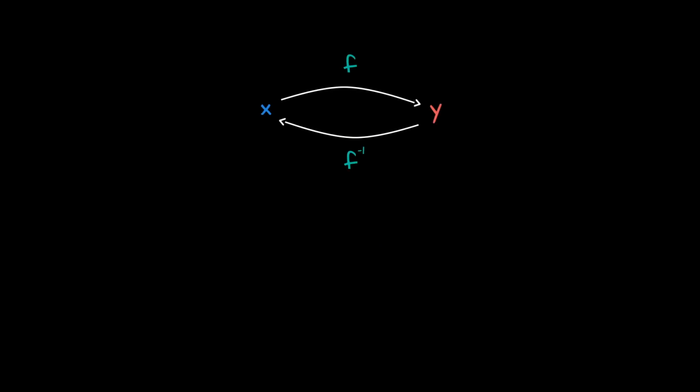Let's make one more observation about inverse functions in this video. We've seen that if a function f is invertible, and if it takes x to y, then the inverse function will have to take y to x. So follow the arrows in this diagram, and you'll see that the composition of a function with its own inverse will just have to give you the exact same input back.